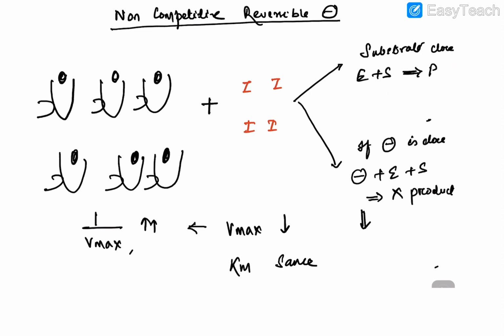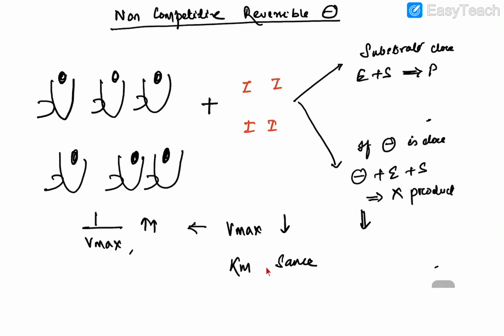But if the inhibitor is close, then the inhibitors will bind to the enzyme substrate complex and no product is produced. Now if no product is produced, then it is very logical that Vmax is going to reduce. If Vmax is going to reduce, 1 by Vmax is definitely going to increase.